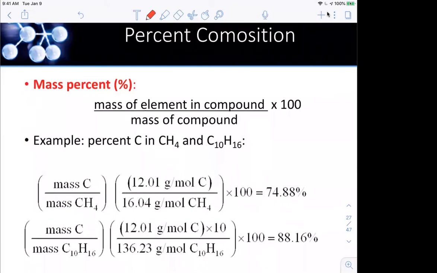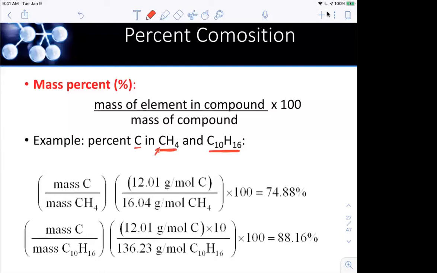Let's look at calculating the percent carbon in 2 different hydrocarbon formulas. The first one would be CH4, and the second one would be C10H16. So if I want to calculate the percent mass of carbon in methane, which is CH4, I notice I have 1 carbon atom.